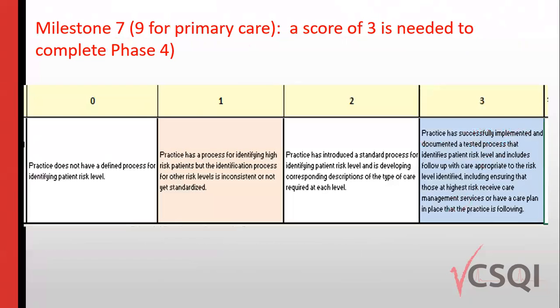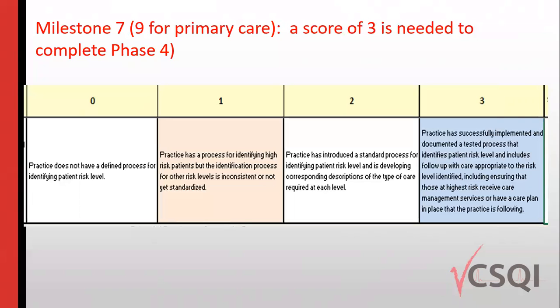So let's look at milestone 7. Here's the scoring for milestone 7. And in almost all cases for the milestones, the scores range from 0, where there's no activity on that topic, to 3, which is meeting the milestone. Usually 1 and 2 are somewhere in between there. In this case, the practice has a process for identifying high-risk patients, but it's not used consistently.